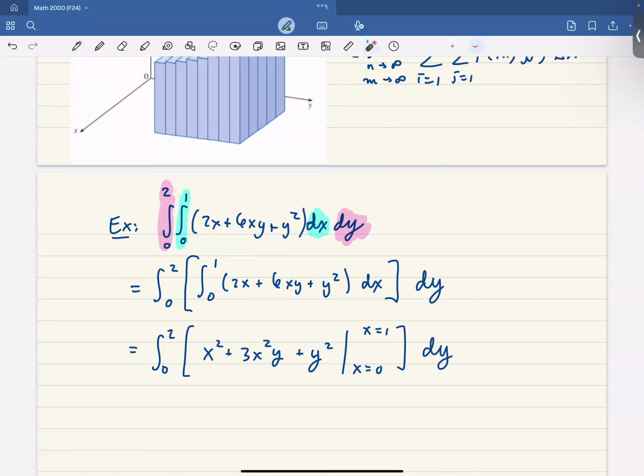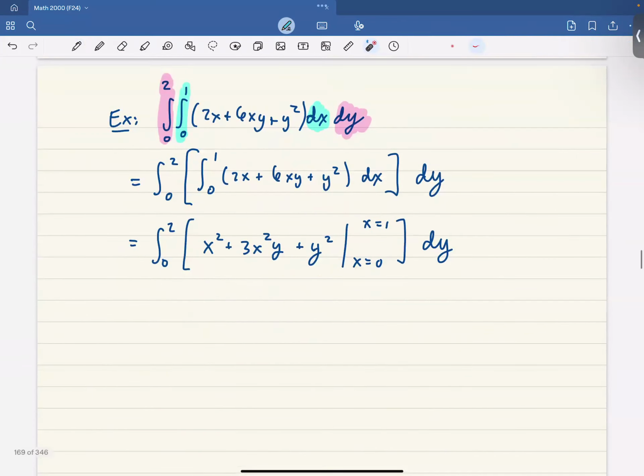Now, when we plug in our values for x equals 0 and 1, we'll get a function of y. And we'll see what happens there in a second. This will be the integral from 0 to 2. When we plug in x equals 1, we're going to end up with 1 plus 3y plus y squared.